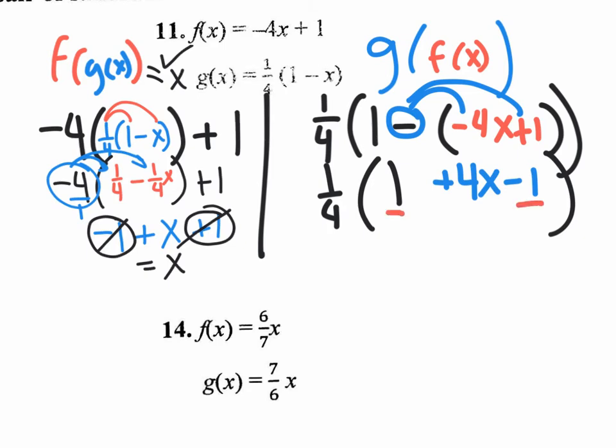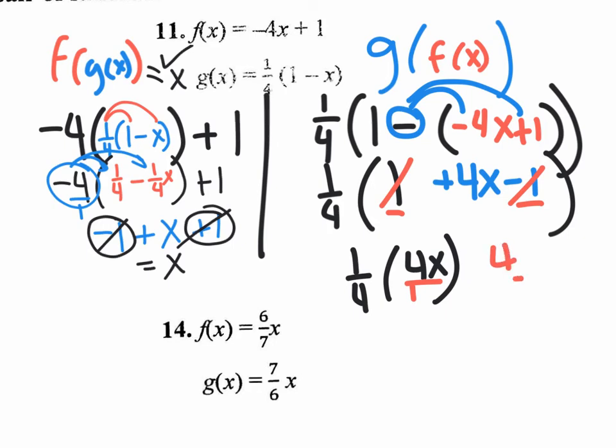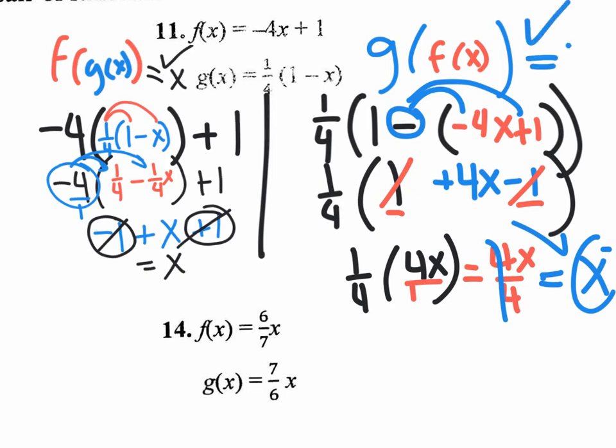And the 1 and the negative 1 cancel out, which means I just have a 1/4 times 4x left over. And you could put the 4 over a 1 if you want, and then multiply top with the top, bottom with the bottom. You're going to get 4 over 4 with an x up on top. And of course, the 4's cancel, which means that you just get x, and you've verified it. That's a second check right there. This one worked also because it does equal x.